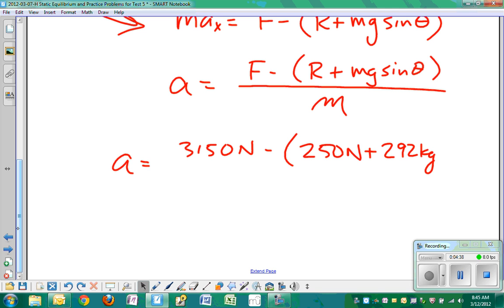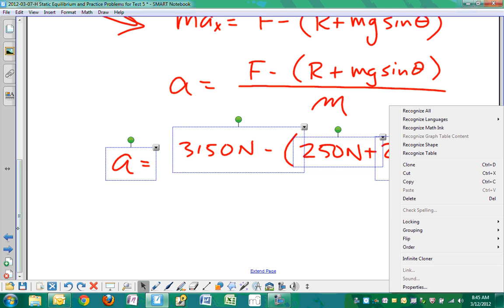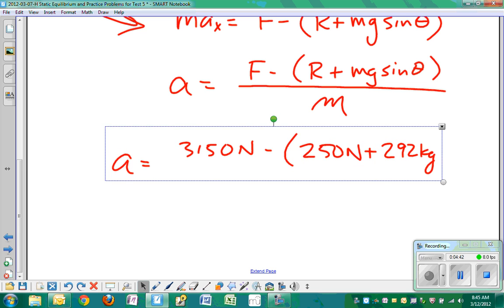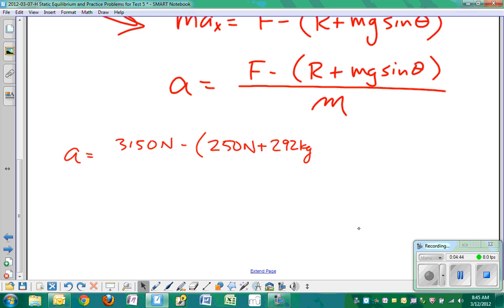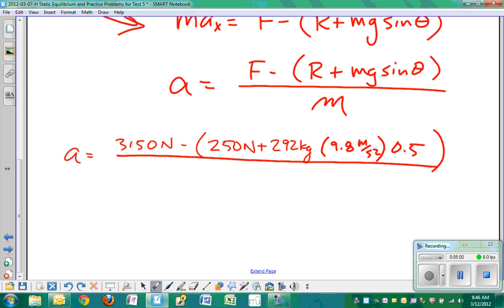Oh, looks like we're gonna have to make all this smaller. 292 kilograms times 9.8 meters per second squared times the sine of 30, 0.5. You guys okay with me just doing that straight off, not worrying about putting it in there? All right, and then all divided by the mass, 292 kilograms.